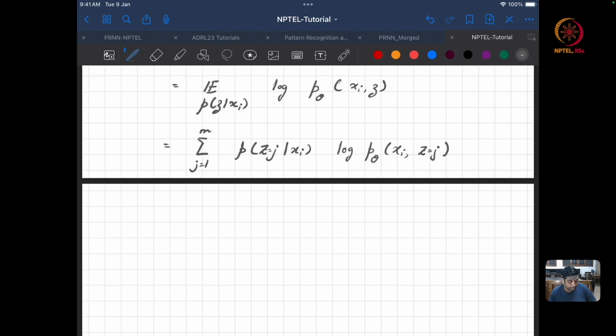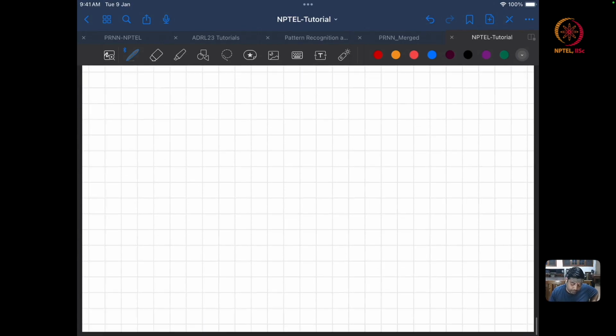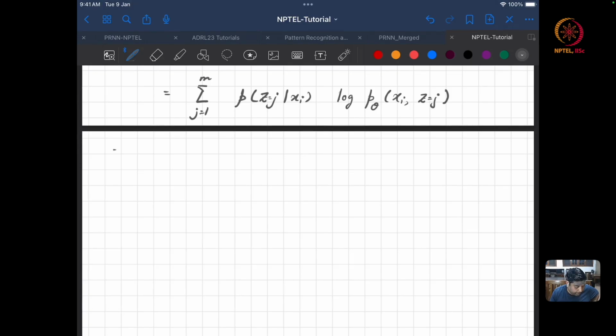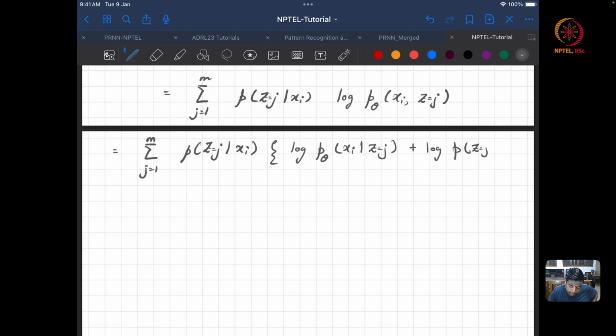Now with this I can rewrite it as a summation over j equals 1 to m, just standard algebra: P of z being from the jth component, times log of p theta of xi given z equals j plus log of p of z equals j.